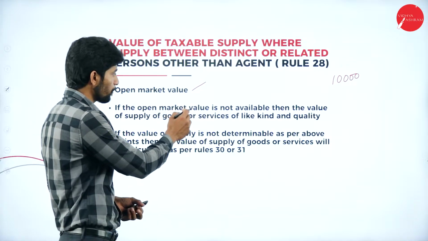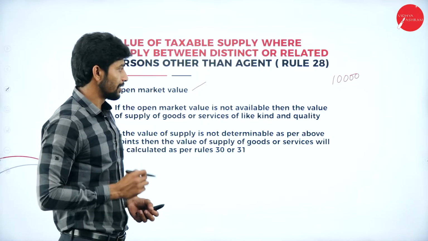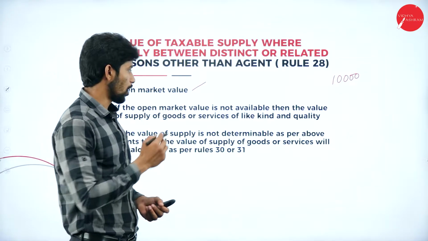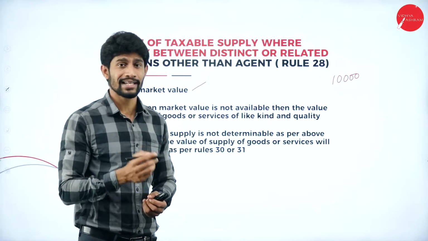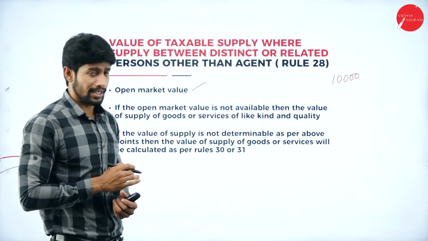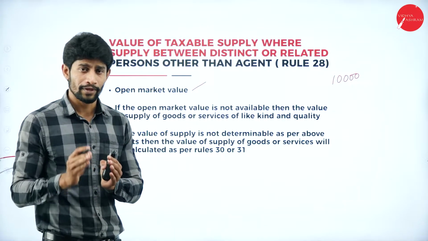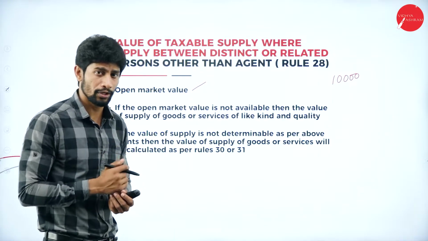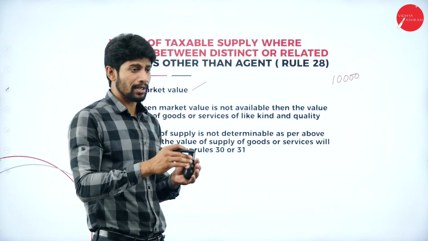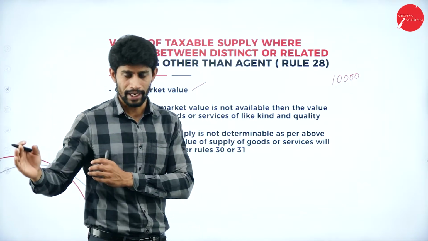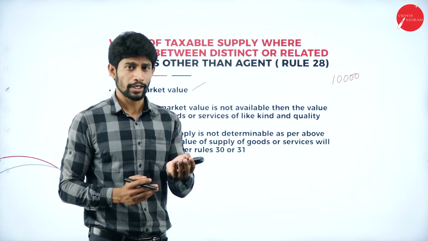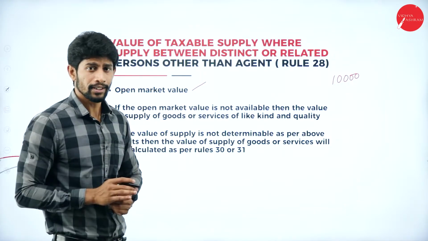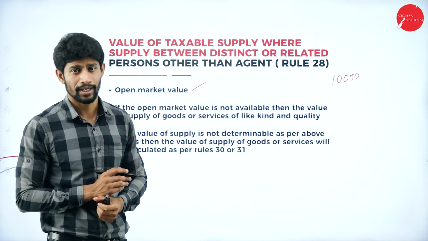Next, if the open market value is not available, then the value of supply of goods or services of like kind and quality. Yes, if the open market value of a camera is not available, then what will I do? I look into the same kind and quality product in another brand. Whatever the value of that particular product, that value will be the value of taxable supply.